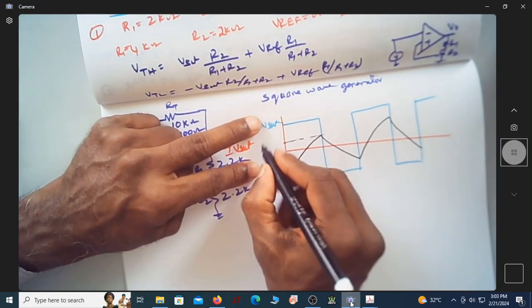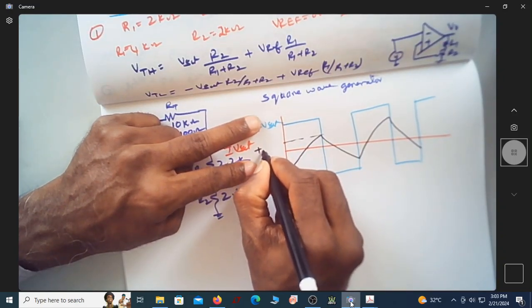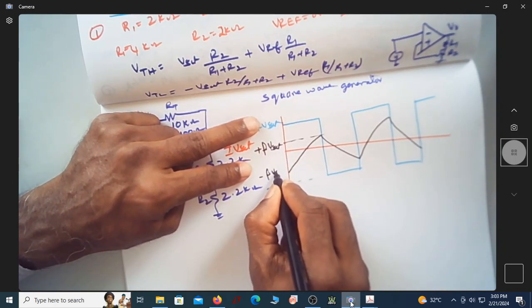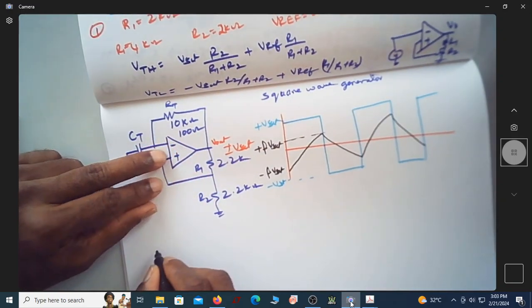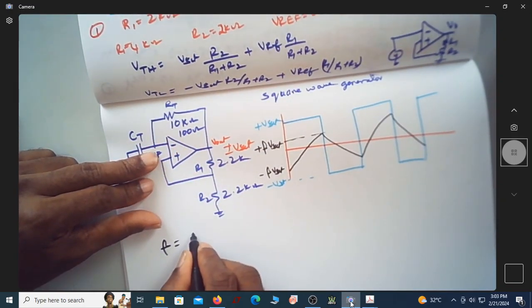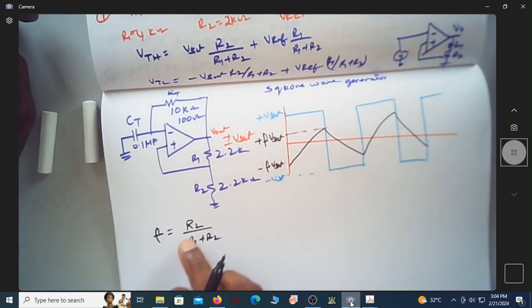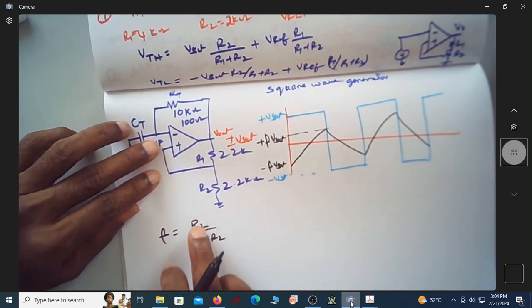If I mark this point, it is plus beta times V sat, and this is minus beta times V sat. Beta is nothing but R2 by R1 plus R2, with this orientation of the resistance.